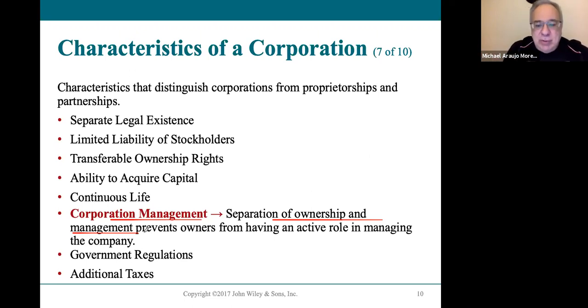For a corporation, the stockholders are the owners, but they're not the managers of the company. Management is separate. So that means, today, perhaps several million shares of stock have traded in McDonald's or Walmart, but nothing has changed the individual management of those companies because the ownership and the management are separate.